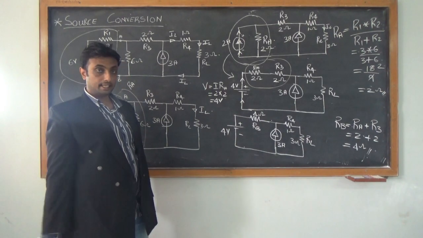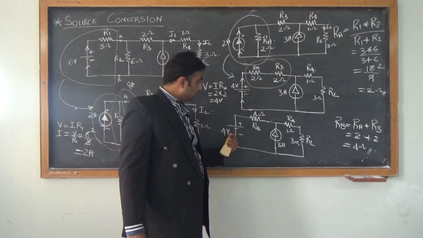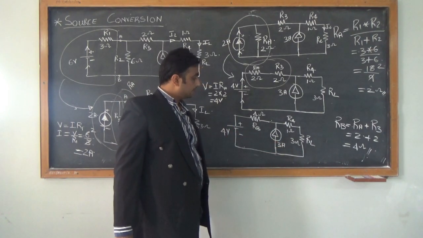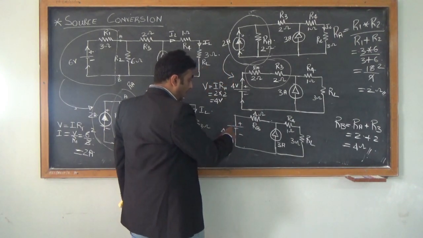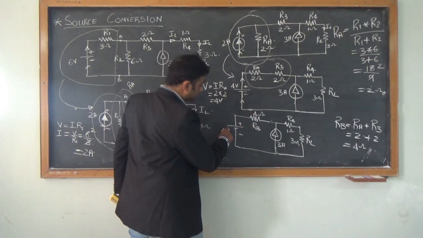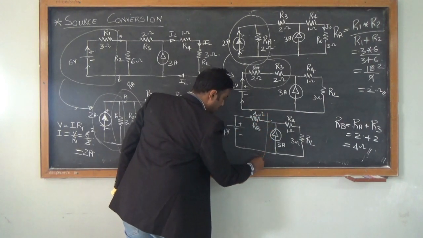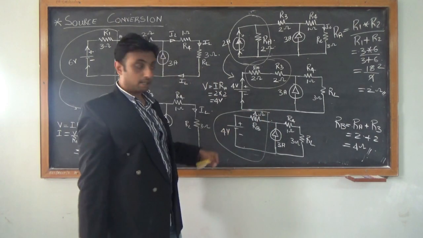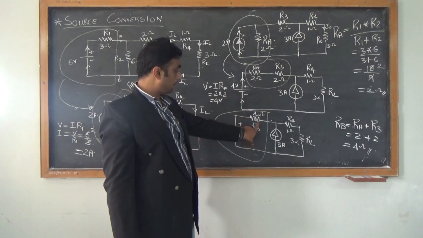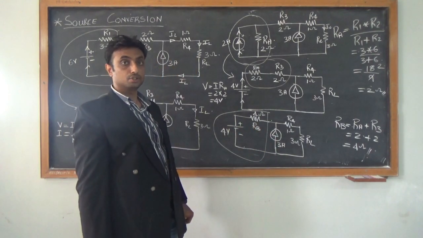Now what else can I do? Now if you see, I have 4 volts here and I have 3 amps here. So now again I'll convert this voltage source to a current source. If I convert this to a current source, this resistor will be in parallel, and then later on I can add both the current sources.